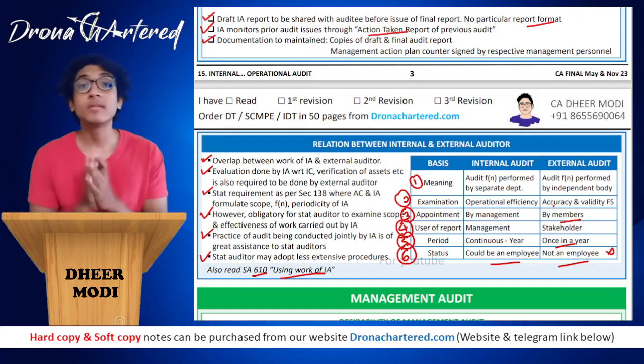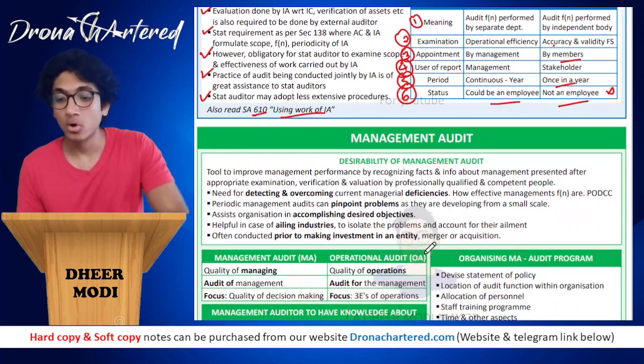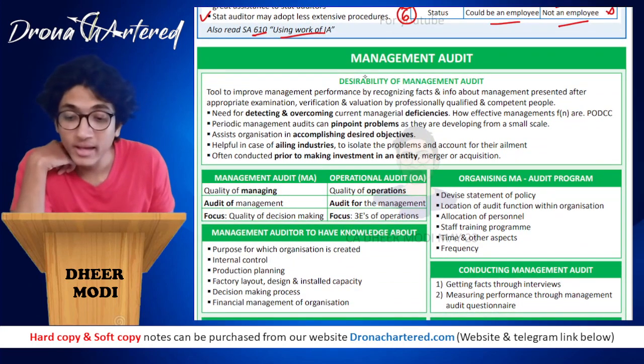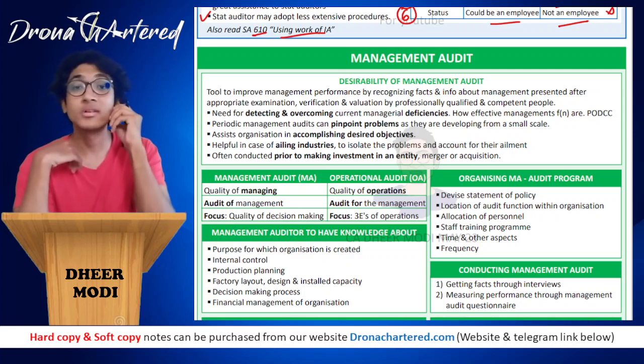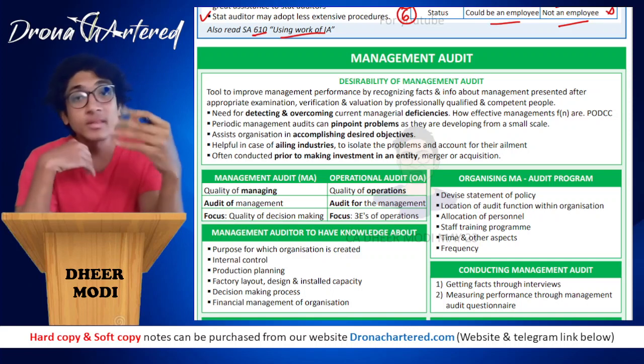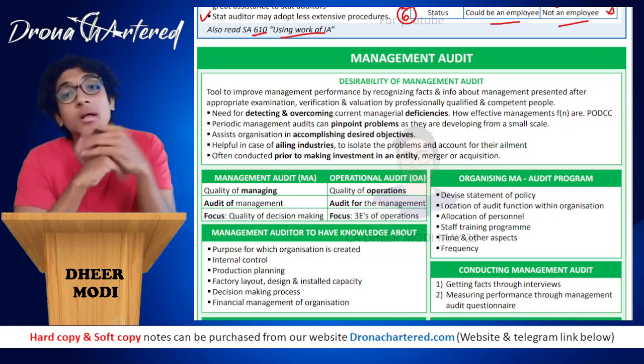Okay, with this we are done with internal audit, and now we are going on to management audit. Desirability of management audit. So first of all, what is management audit? The audit that is done to check whether decisions taken by the management are sound, whether they are beneficial to the business.